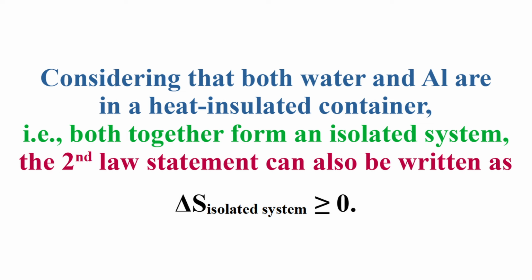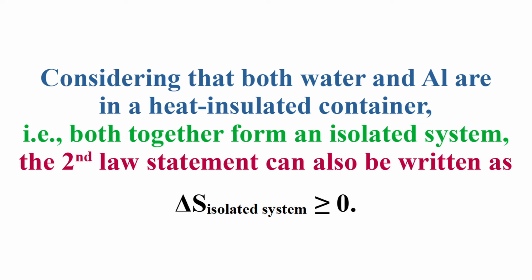Since in the above analysis, water and aluminum together form an isolated system in a heat-insulated container, the second law of thermo can also be stated as delta S isolated system is greater than or equal to 0.